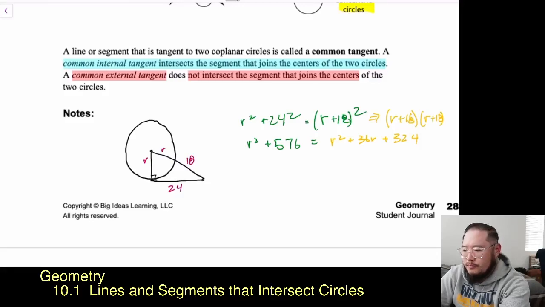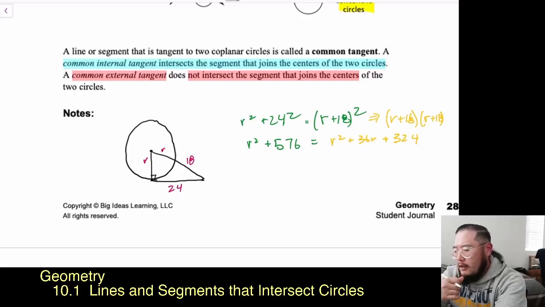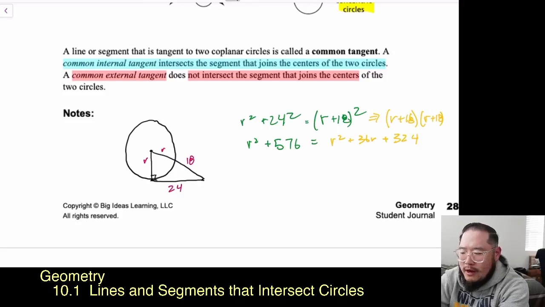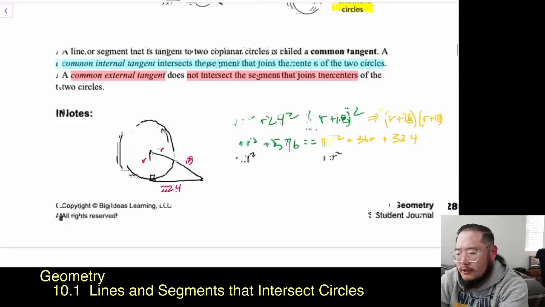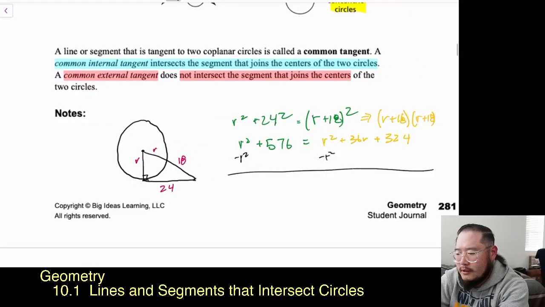Now typically, we want to set this equal to 0, especially when we have an exponent to the second power. But this is what I want to figure out. If I subtract r squared from both sides, the r squares will cancel. So how about this? Let me also subtract 324 from both sides.